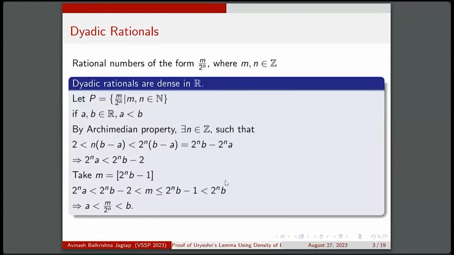Yeah, it seems so. Viewers can verify whether this is working or not. It seems that it is working.